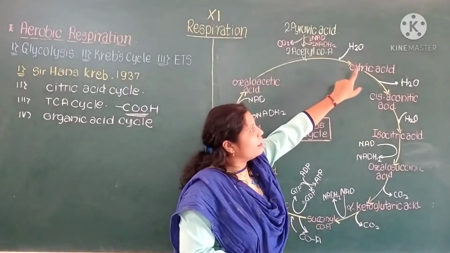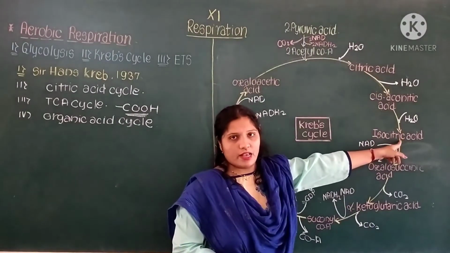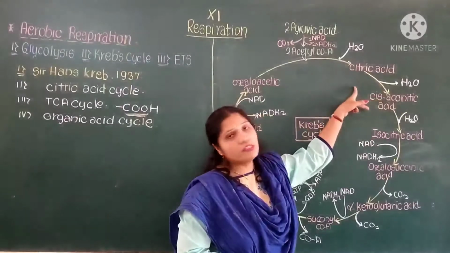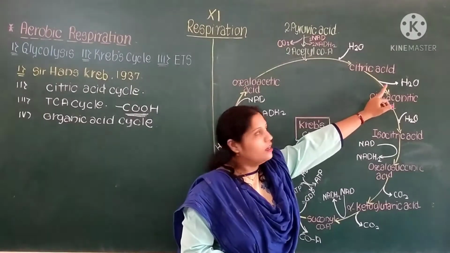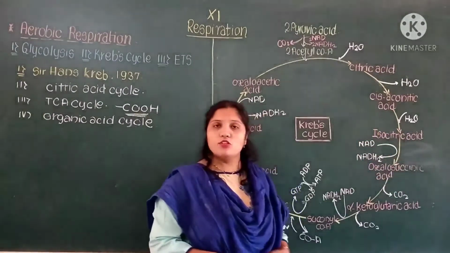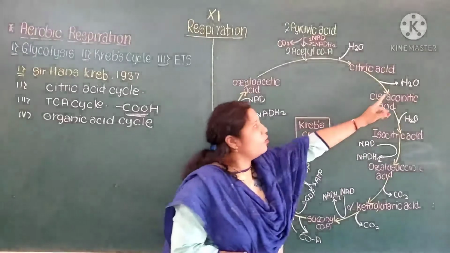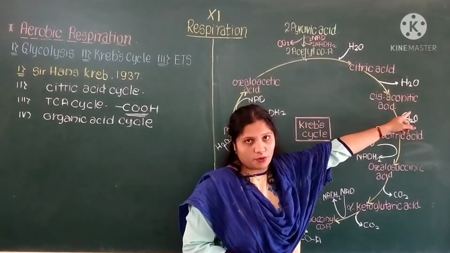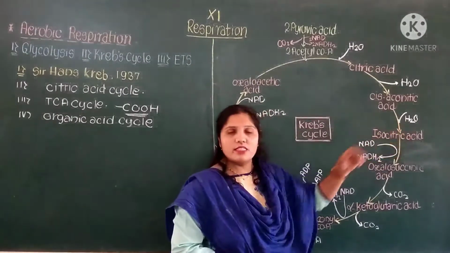Then after that, this citric acid is converted into isocitric acid. Here 2 steps are involved. The first step is known as dehydration, and the next step is known as hydration. During dehydration, the water molecule gets removed, and during hydration, the water molecule enters inside.